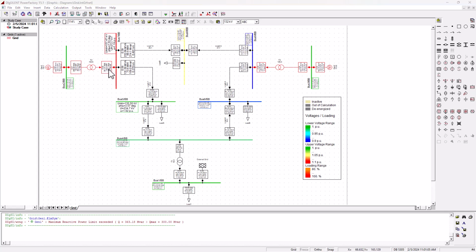This situation, if not taken care of, will lead to imbalances of the Q, basically a reactive power sharing scenario, and it will affect generator system reliability and cause disturbance in the entire network. Obviously this is still working because it's a simulation, but in a real-life situation, things are going to start tripping here.